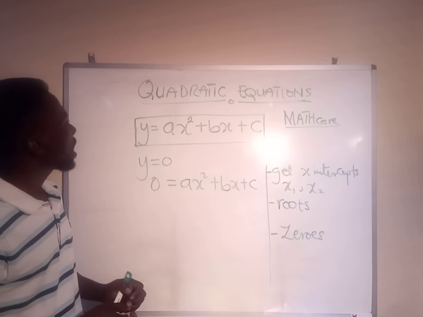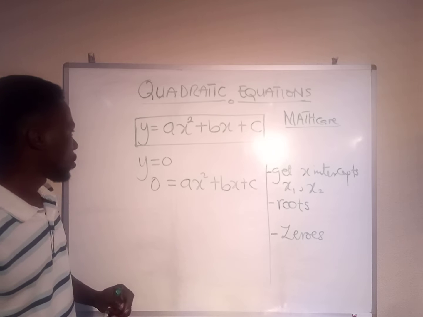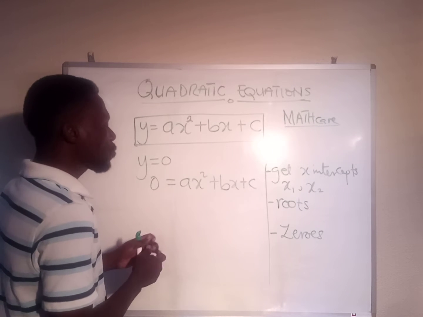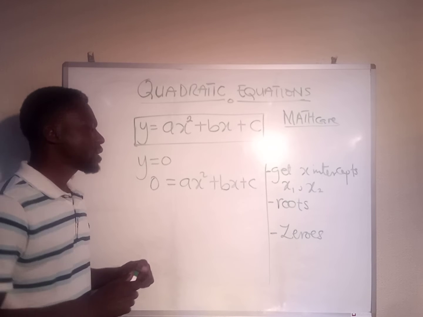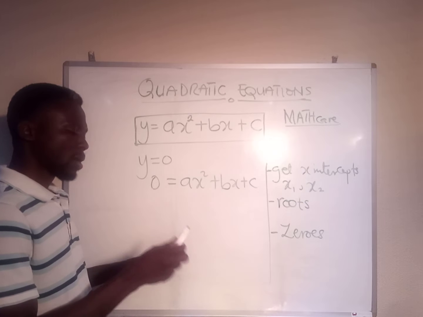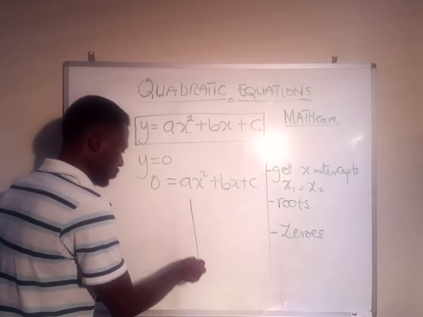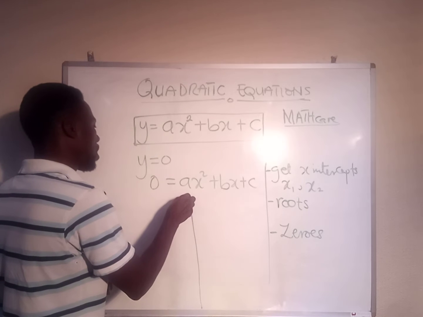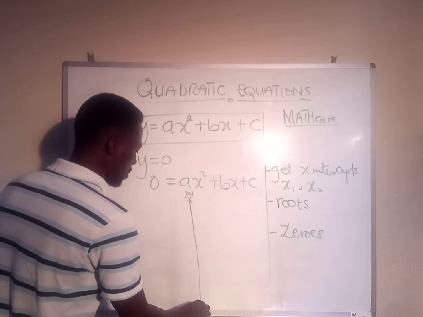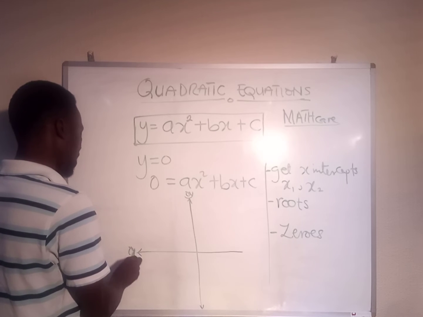All right. So now this is where we have come to. Now let's look at something. When we graph a quadratic equation, we get something like this. So let's put this here. This is our y-axis, and this is our x-axis.